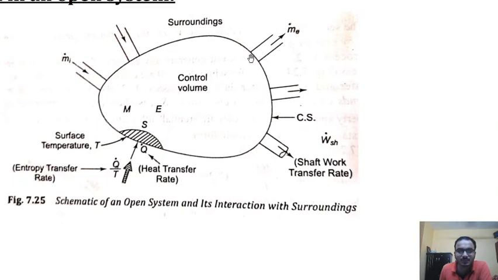There is a control surface over here, mass is entering from here and leaving from here, that is m dot i and m dot e. This is the control volume that we will be focusing on. This is the surface temperature T, and this is the area where we are currently focusing. There is a heat transfer Q dot happening over here, and the entropy transfer rate is given by Q dot upon T, and the surface temperature is T right now.